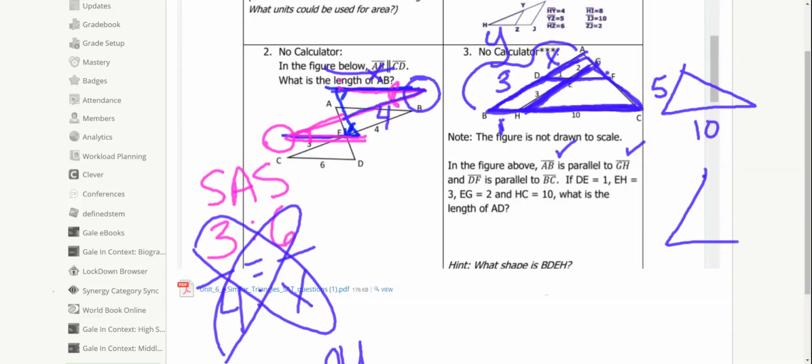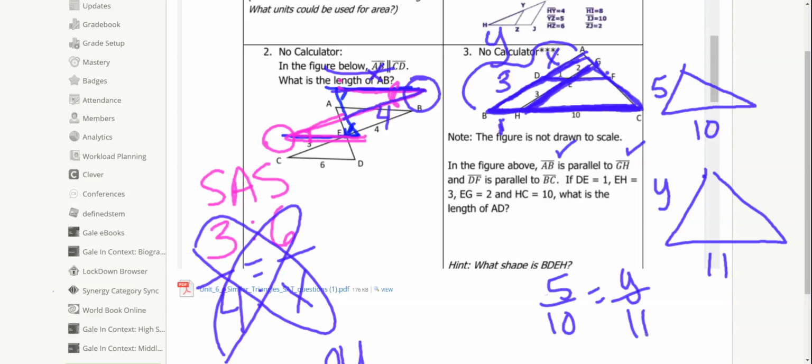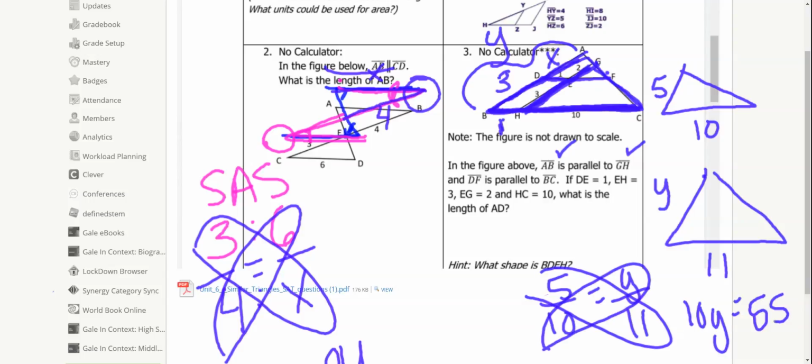So if I look at that whole triangle and make that Y, and 1 plus 10 makes this 11, I can do 5 over 10 equals Y over 11 and cross multiply and get 10Y equals 55, or Y equals 5.5. So if Y, this whole distance, equals 5.5 and this piece of it equals 3, 5.5 minus 3 equals my x. So 5.5 minus 3 is going to equal this part right here, which is your answer.